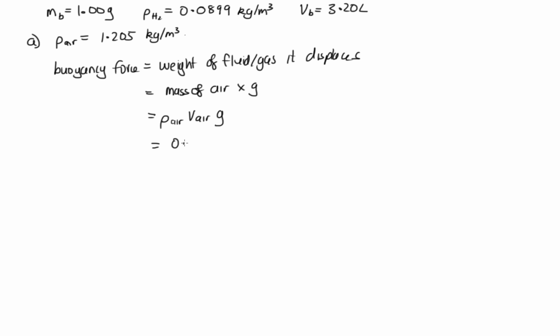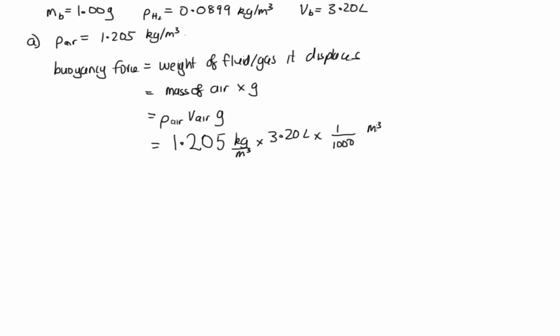We've got the density of air is 1.205, that's in kilograms per meter cubed. And then we've got the volume is equal to 3.20 liters. Now the problem is this is meters cubed and this is liters. So we need to take into account that there's 1,000 liters in the meter cubed.